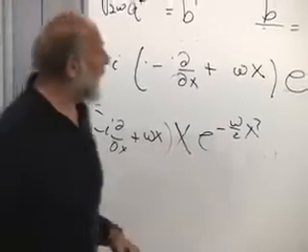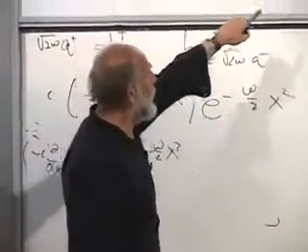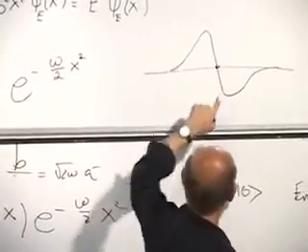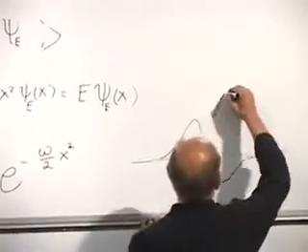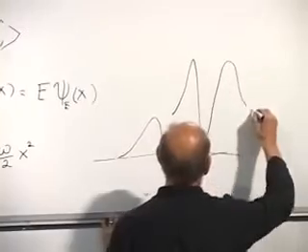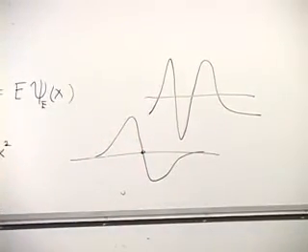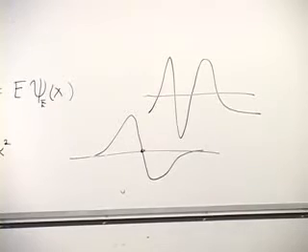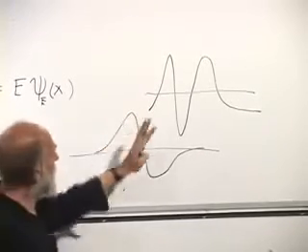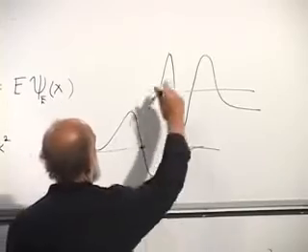Each time you hit it, you create another 0. The next one would look something like this, with 2 zeros. It would be the Gaussian times a polynomial.